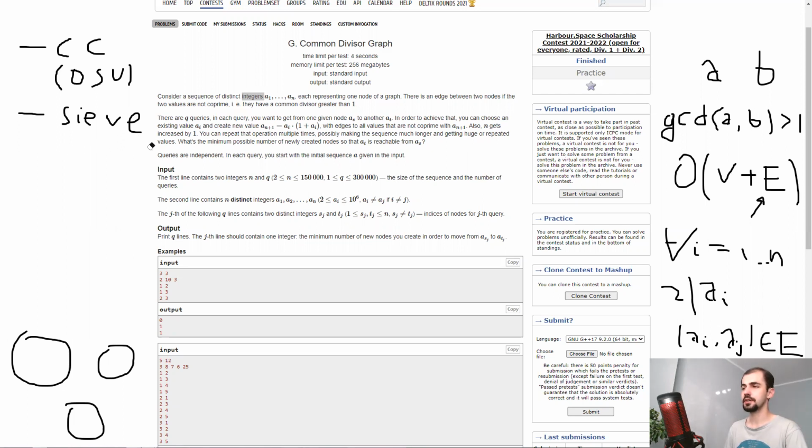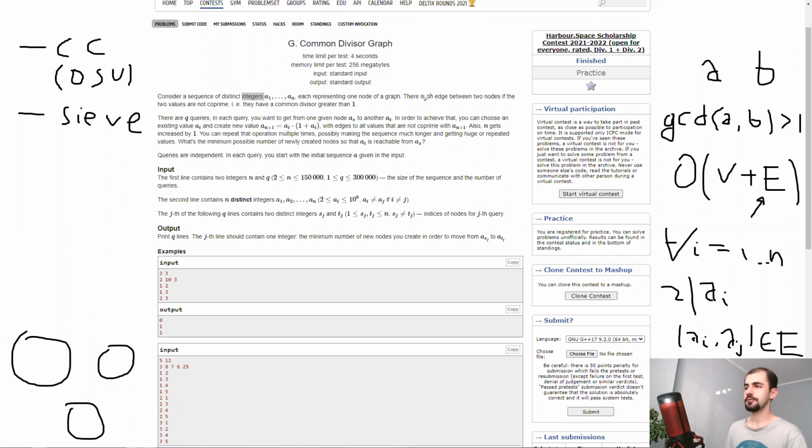Sieve of Eratosthenes, a famous Greek mathematician from the previous era, I guess. So yeah, by using sieve, we can quickly factor all numbers.